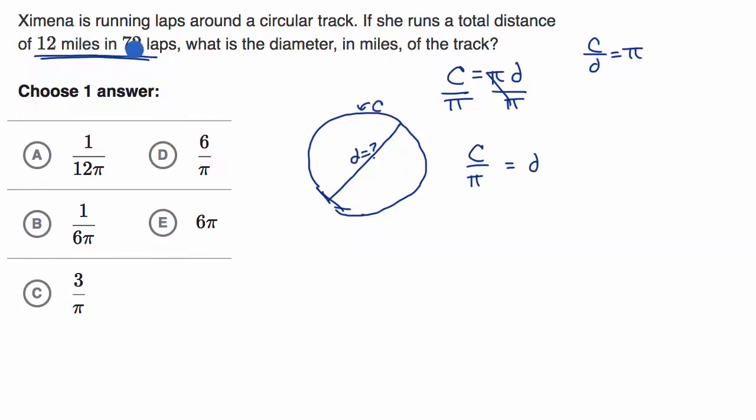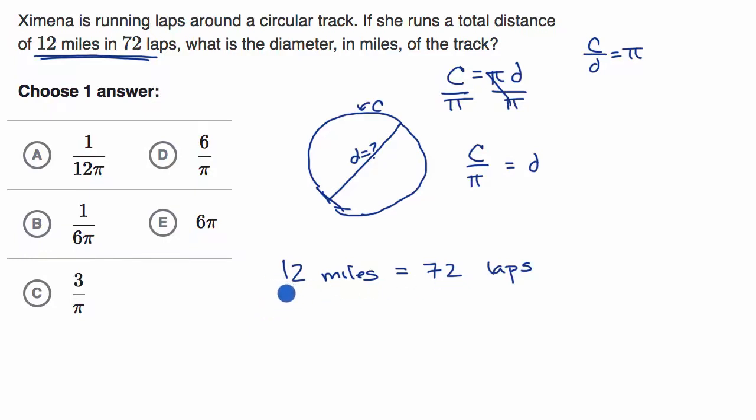Well, if 12 miles is equal to 72 laps, how do we figure out what one lap is going to be? Well, we could divide both sides by 72.